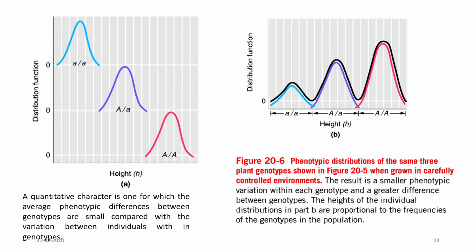So you can now differentiate the three genotypes very clearly to an extent. If you see the total population curve, again the black one is showing clear differentiation between the three genotypes. So the total population is a result of three separate genotypes.